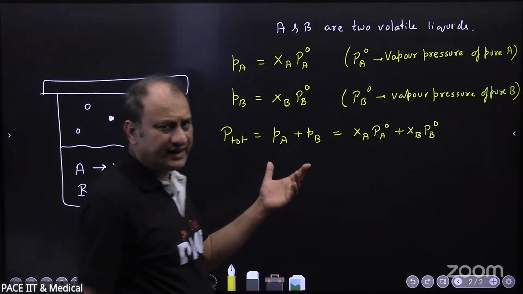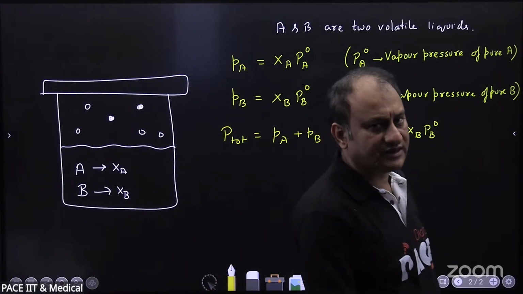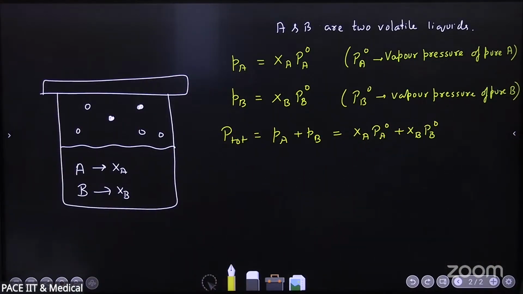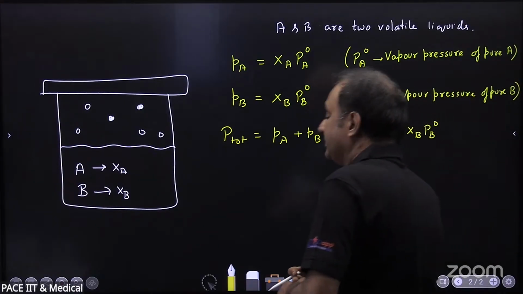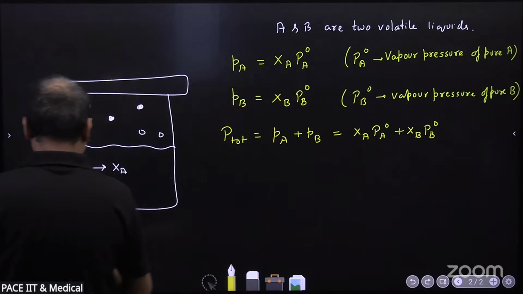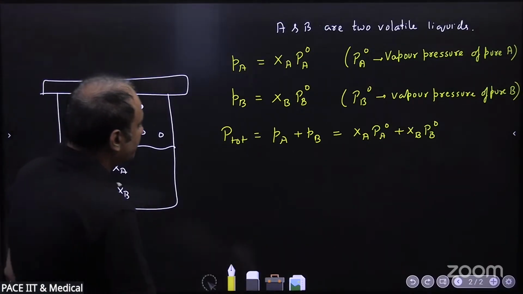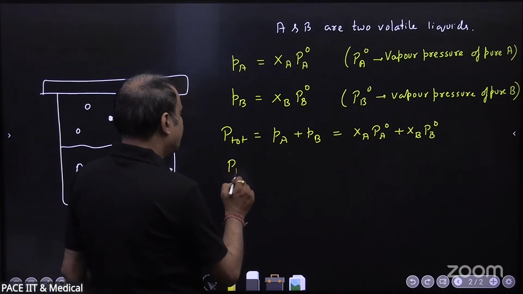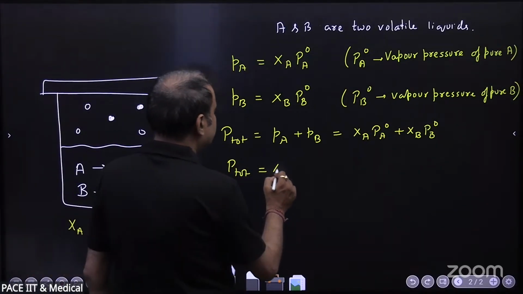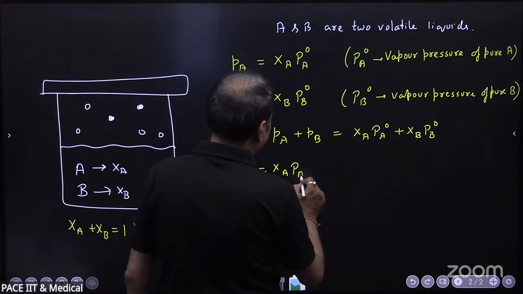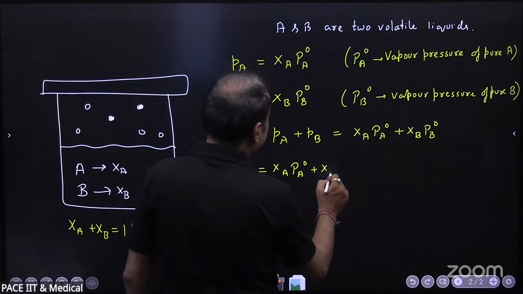We can rearrange and write this equation also, because if we are saying this is a binary solution, means solution has only A and B, then definitely I can say that XA plus XB will be 1. So this equation, P total is XA PA0 plus XB PB0.